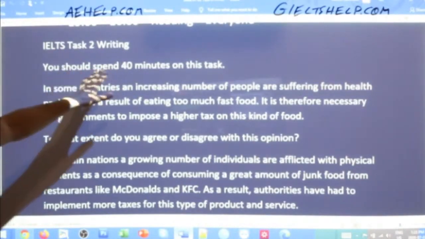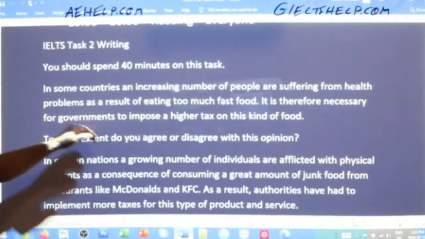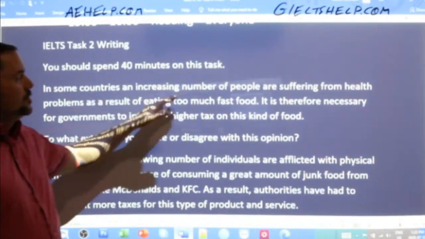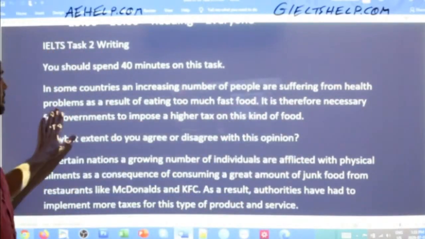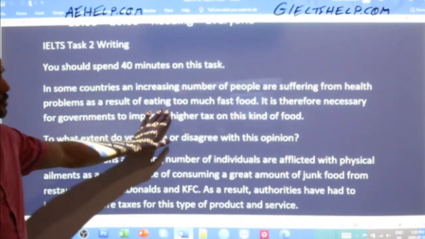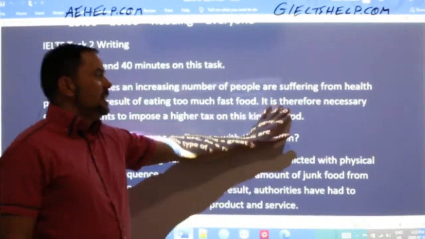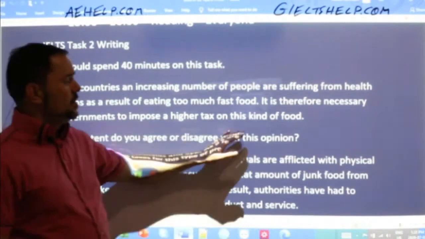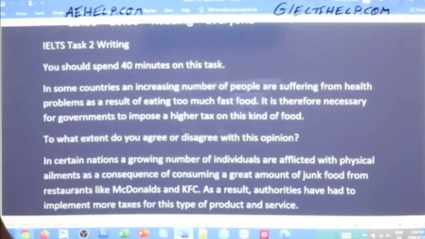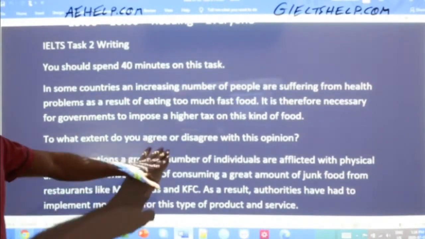You should spend 40 minutes on this task. In some countries, an increasing number of people are suffering from health problems as a result of eating too much fast food. It is therefore necessary for governments to impose a higher tax on this kind of food. To what extent do you agree or disagree with this opinion?